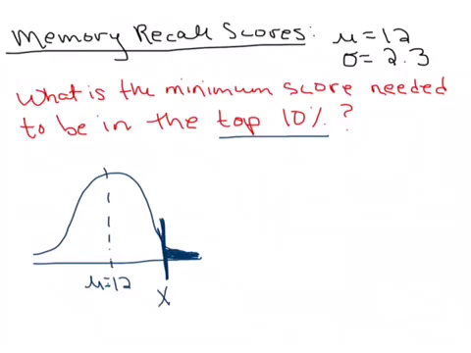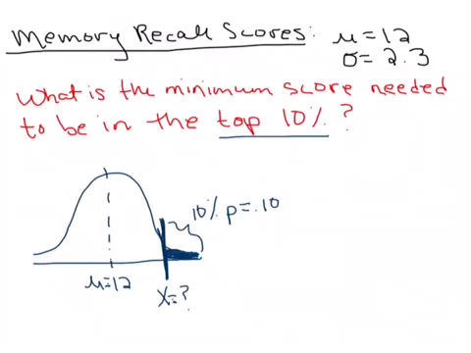So x equals, we don't know what that is. But we do know that this is 10%. We don't have it shaded a perfect 10%. It doesn't matter, it's just an estimate. We know that 10% equals P equals 0.10, because we move the decimal over 2 places to the left to get our proportion.